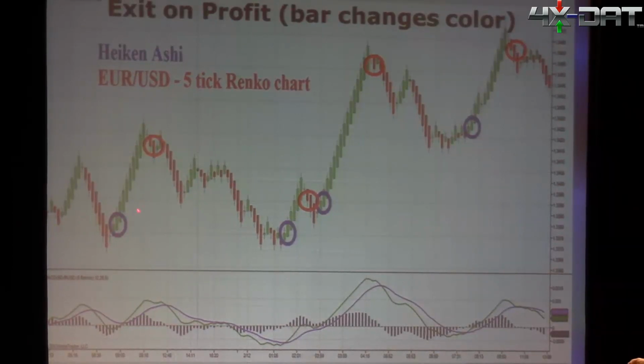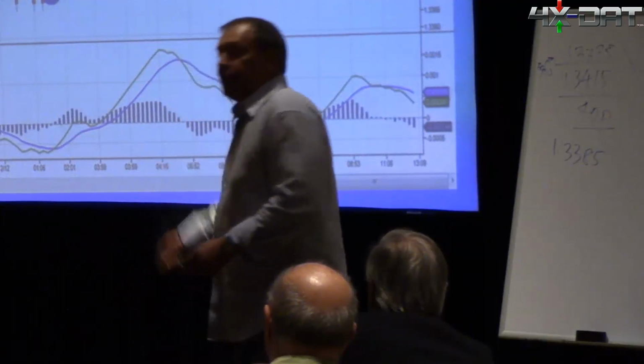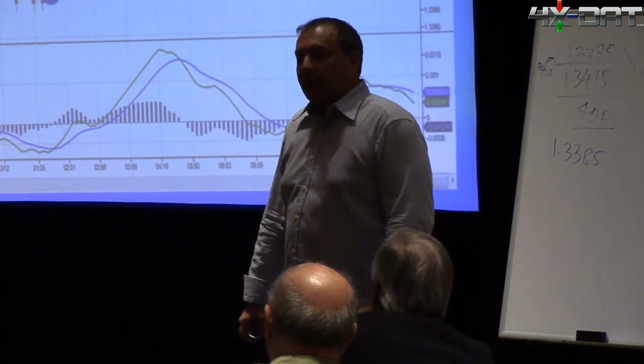So in other words, if this is 1 mini lot, take 5 micros off the table, take 40 pips on 5 micros, and protect the other half of this position. See what I'm saying?